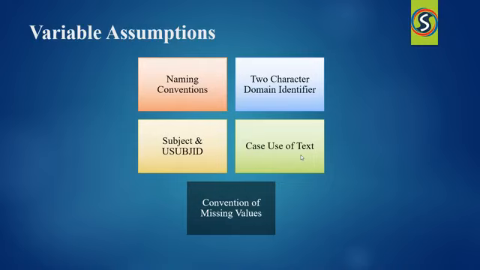Now coming to your 2-character domain identifier, in order to minimize the risk of difficulty when you merge or join domains for reporting purposes, the 2-character domain identifier is used as a prefix in most variable names, like special purpose domains and your standard domains, trial design domains, and your relationship datasets, to specify the complete variable name. So no action is required when creating custom domains based on your general observation classes.